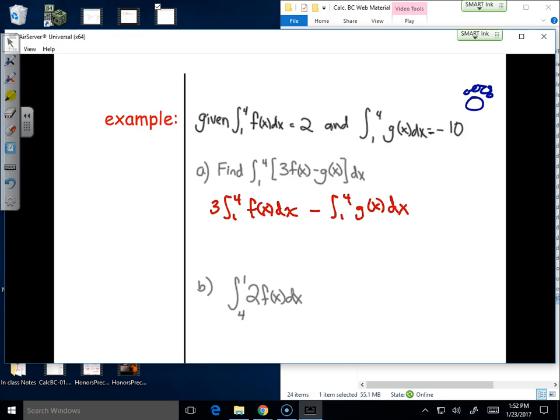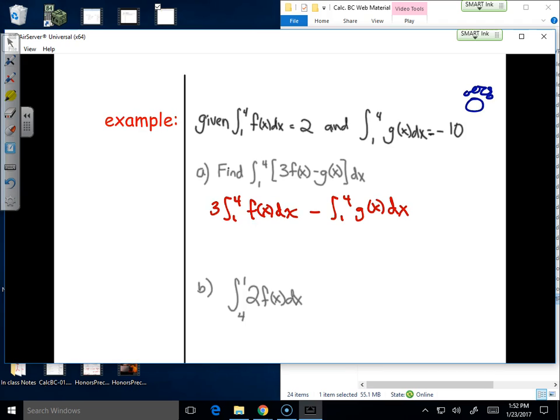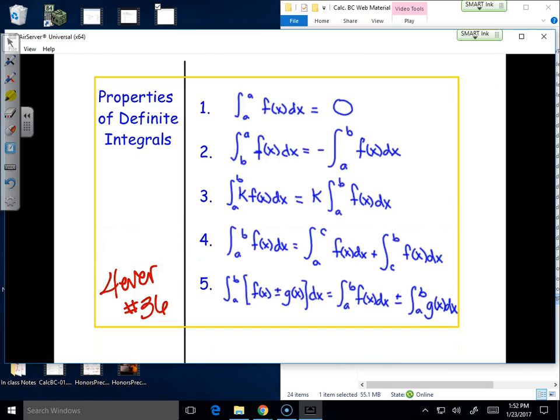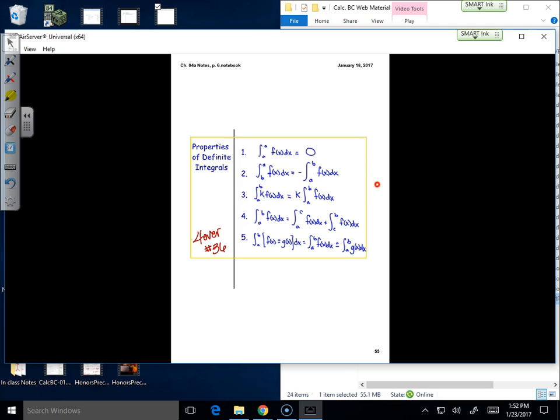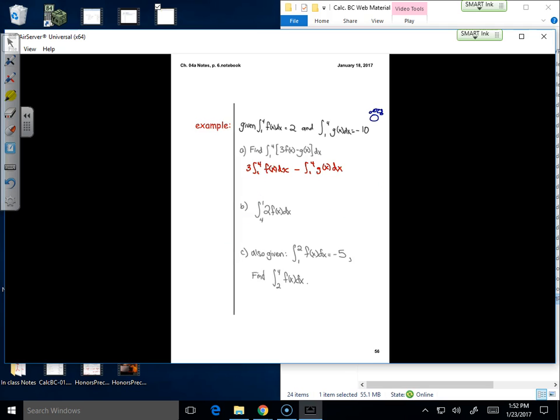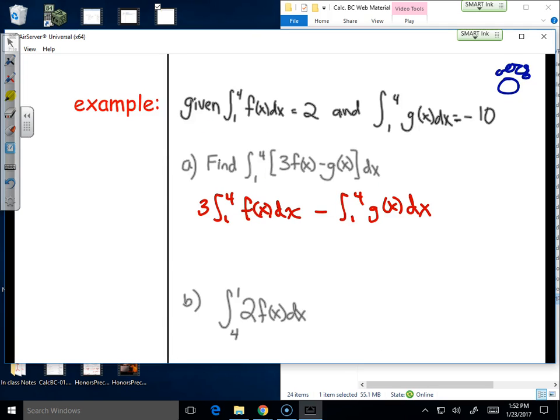You guys tracking? What properties have we used? We used the pull the k out one, right? And didn't we also use the you can split up the sum or difference one? So, do we legally rewrite that integral problem? Yeah.